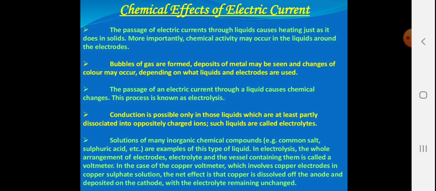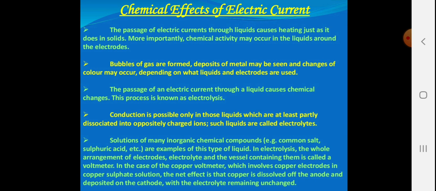Conduction is possible only in those liquids which are at least partially dissociated into oppositely charged ions. Such liquids are known as electrolytes. Solutions of many inorganic chemical compounds like common salt and sulfuric acid are examples of this type of electrolyte liquid.